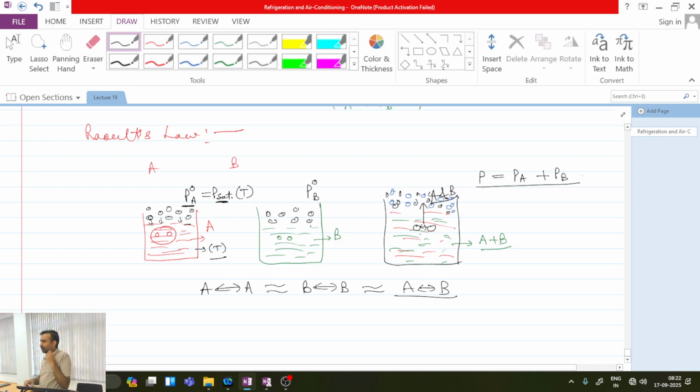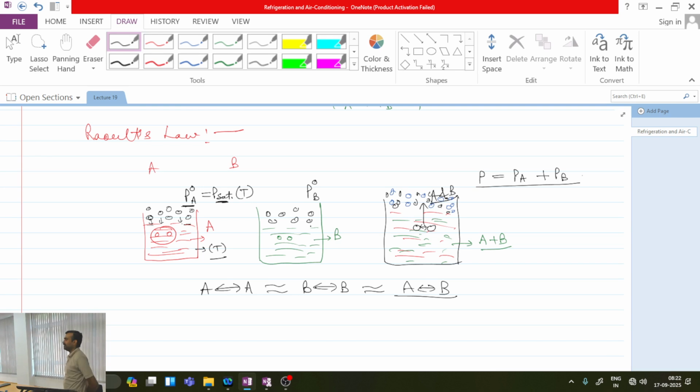Because if I talk about air, if I have a glass of water, outside the glass of water there is air, and then there will be some water vapor molecules also. So our total atmospheric pressure which acts on the glass is nothing but equal to the pressure of dry air plus the pressure of the water vapor molecules.